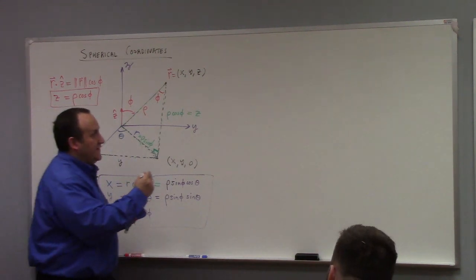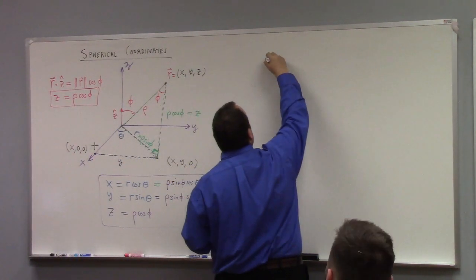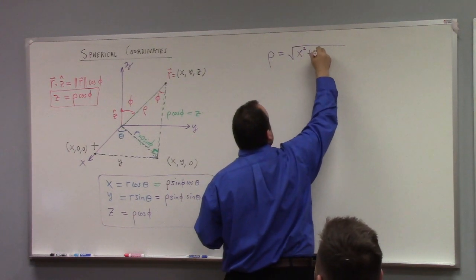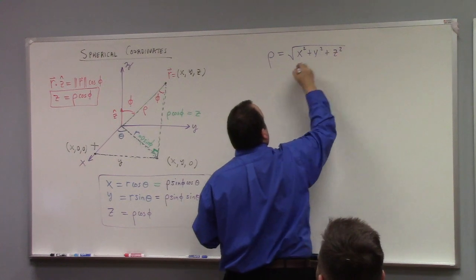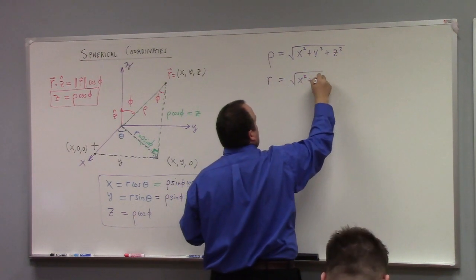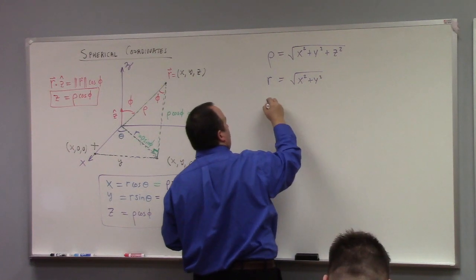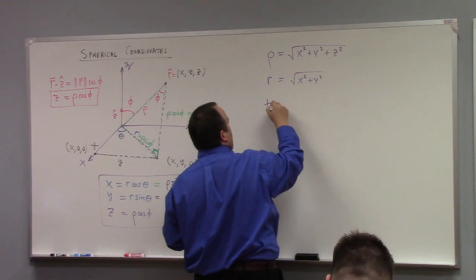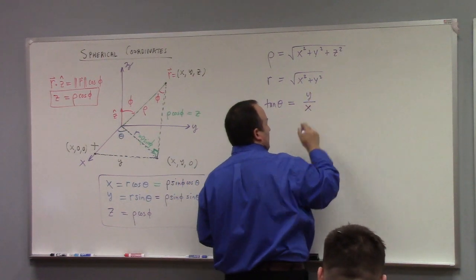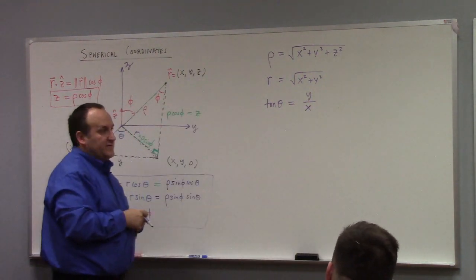But these are the spherical coordinates formulas. Just to emphasize here, what's the formula for rho? Rho is the square root of x squared plus y squared plus z squared. In contrast, r is the square root of x squared plus y squared. The tangent of theta, well, you already know this one. It's y over x, and that's still true for spherical coordinates.